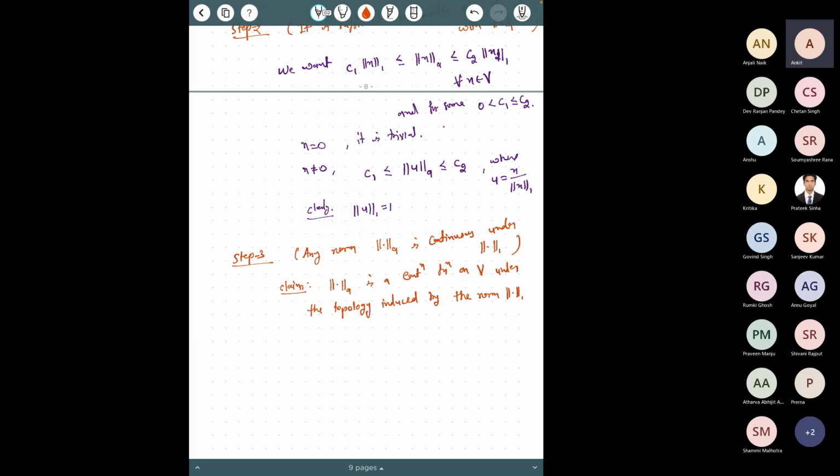So how do we show that a function is continuous? We can use the epsilon-delta definition.